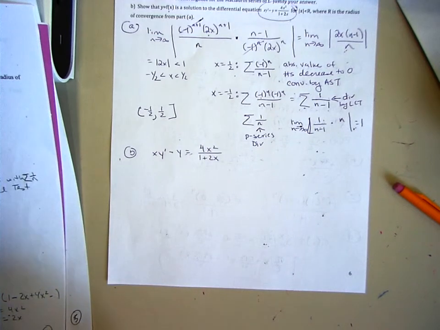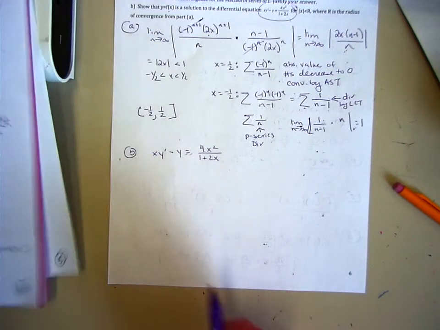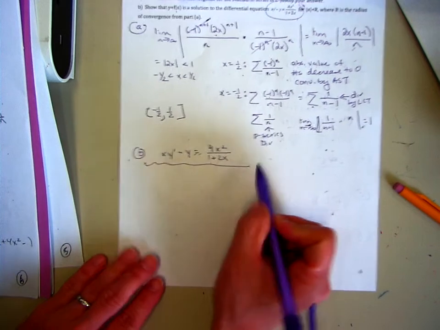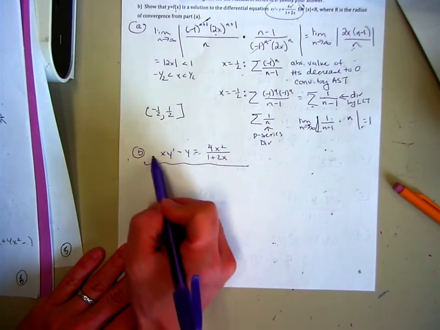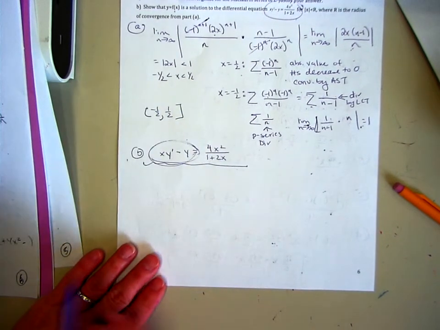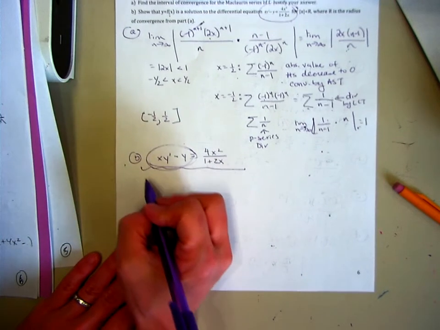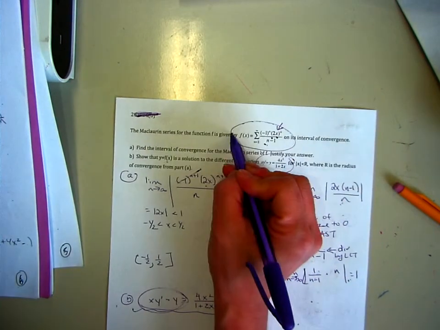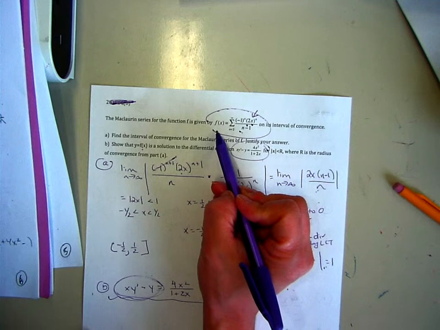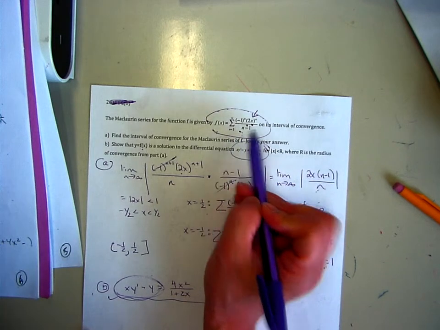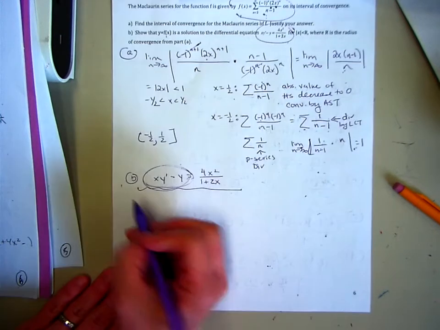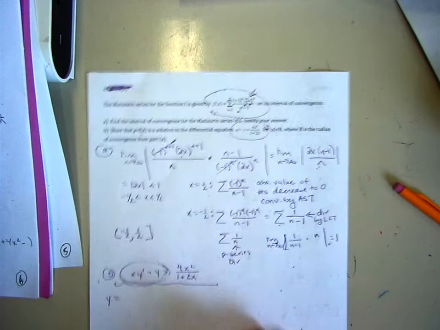I'm going to go kind of the method that's probably the most straightforward. So I'm going to somehow try to figure out this and see if it matches to this function. So let's start. So f of x is the only thing that you know. You know that f of x, which is y, is equal to this sigma. Okay? So I'm going to go ahead and start building this series.